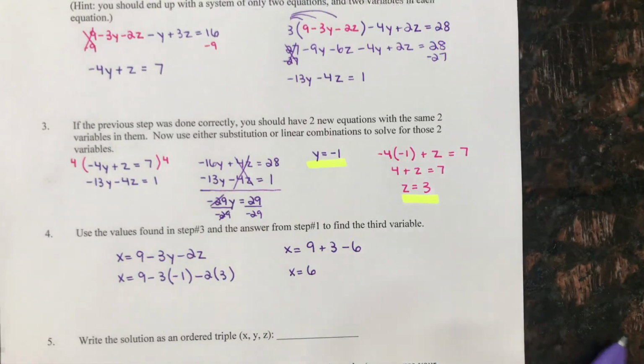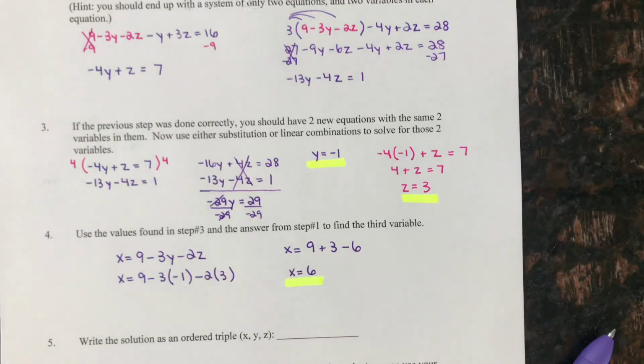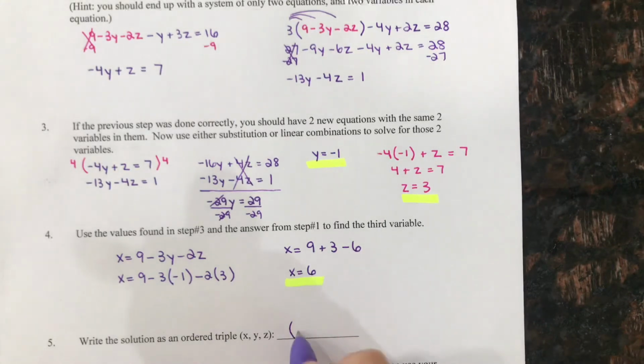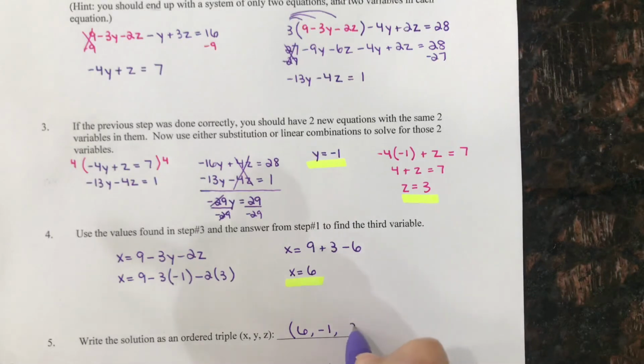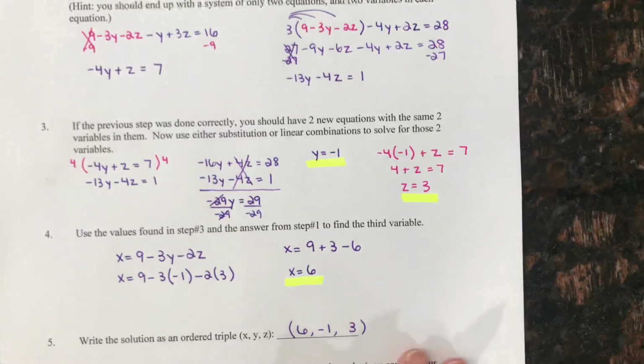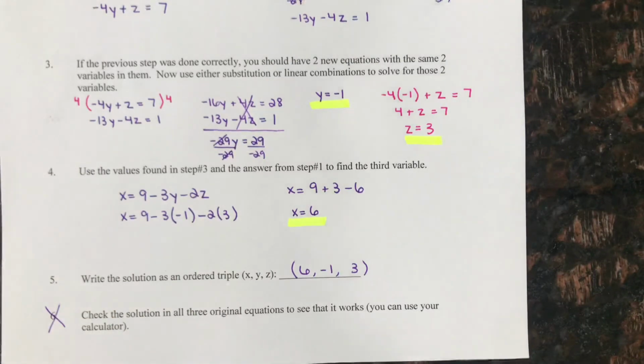And at this point, we have all three variables, x, y, and z, and we can write our final answer as 6, -1, and 3. And again, skip the check. That should be fine.